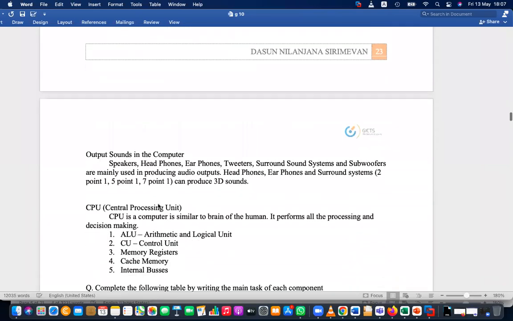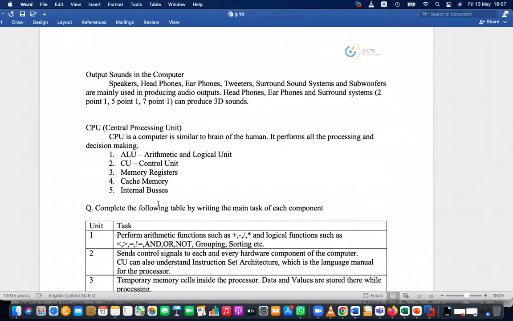To output sounds in the computer, we are using speakers, earphones, headphones, tweeters, surround sound systems, subwoofers, and so on. All these are audio devices. I think you know the difference between them. Speakers you keep outside, and headphones and earphones you wear.